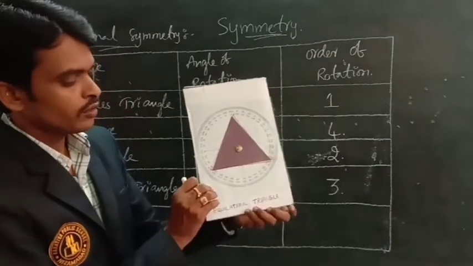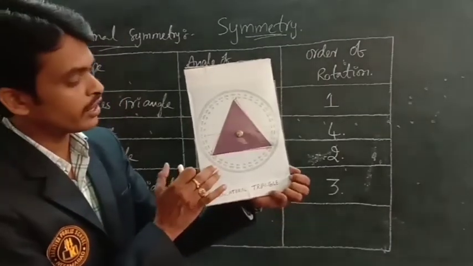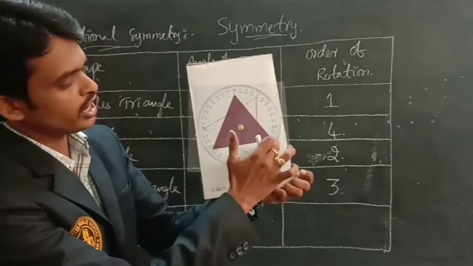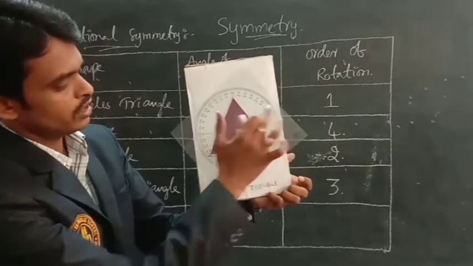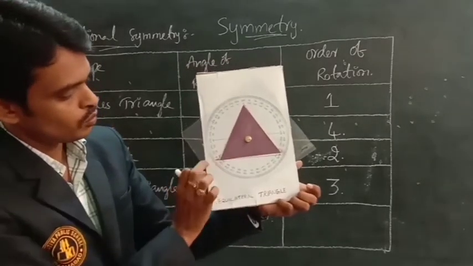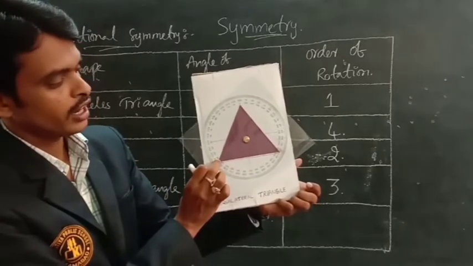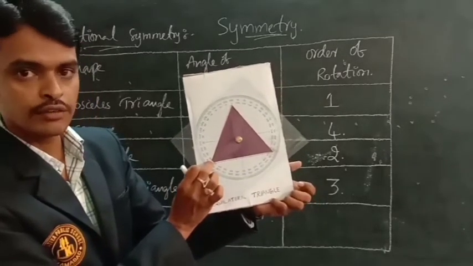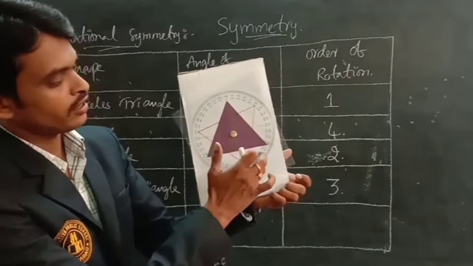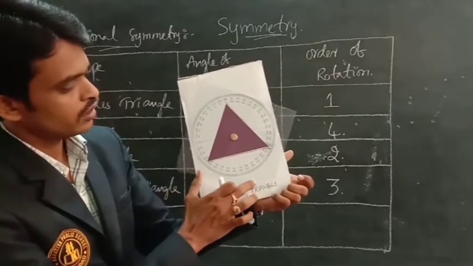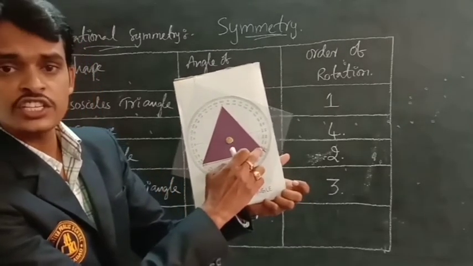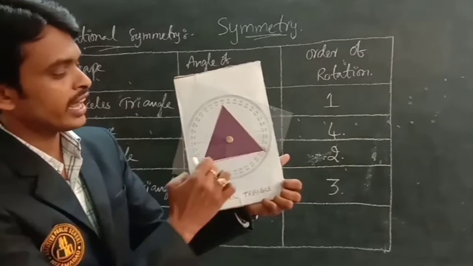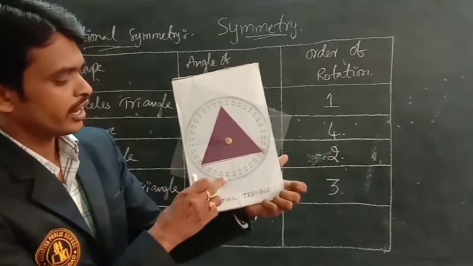So look at here, I am rotating in anti-clockwise direction like this. Yes, at 120 degrees it coincides with itself, order of rotation 1, and go for further rotation. At 240 degrees, the equilateral triangle coincides with itself.